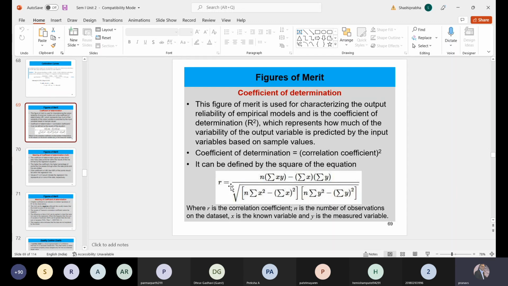What we understand from the correlation coefficient is how well the two variables are related, are correlated with one another.